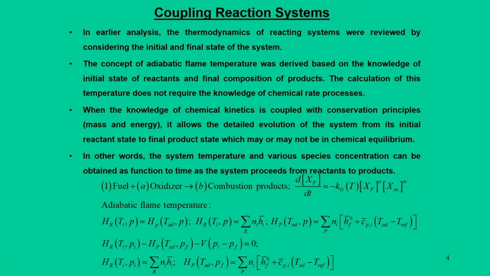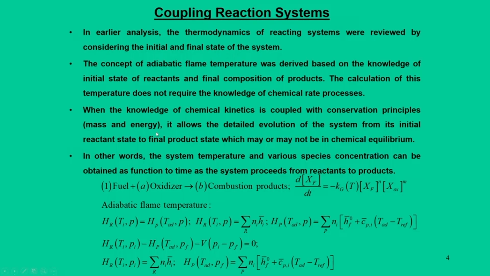So, when you deal with coupled systems, we try to mix both chemical kinetics as well as the conservation principles, and by conservation principles we mean mass and energy. When we couple them, the detailed evolution of this entire combustion phenomenon can be formulated.